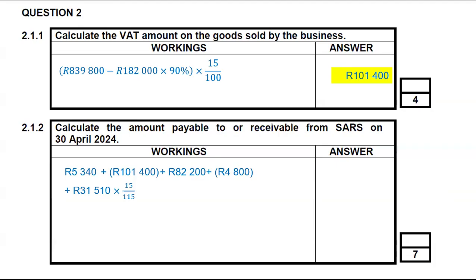You will nail this? 100%? Good. So in this case, it's 14,550. It means that we actually owe SARS. That 14,550 will be VAT payable, and you will normally record it in trade and other payables as SARS VAT in brackets.